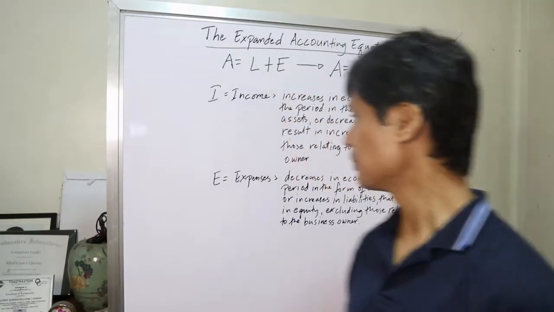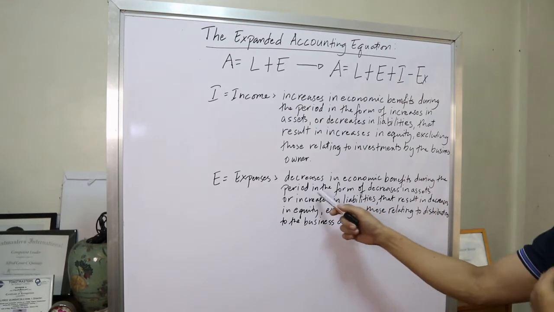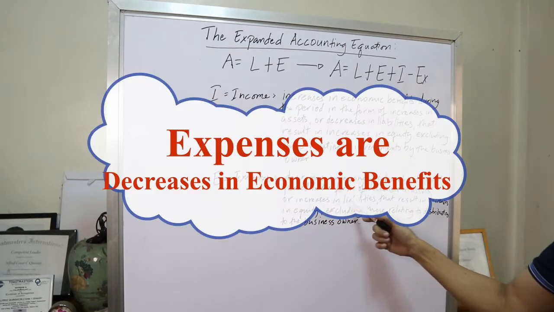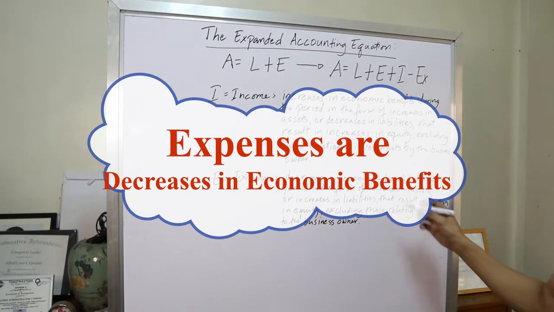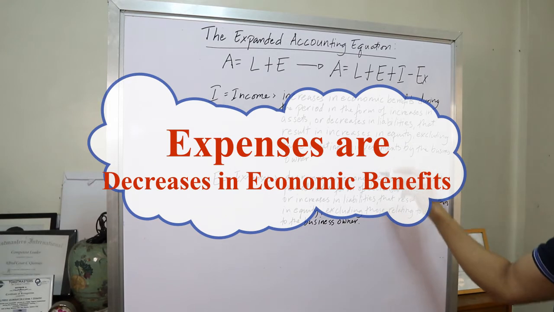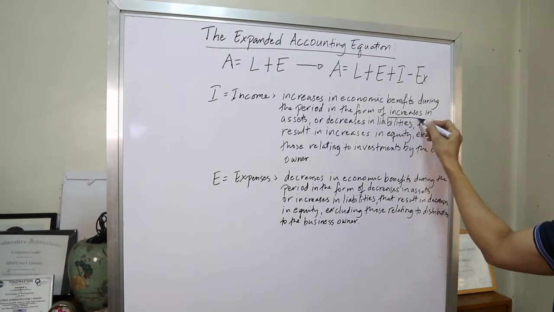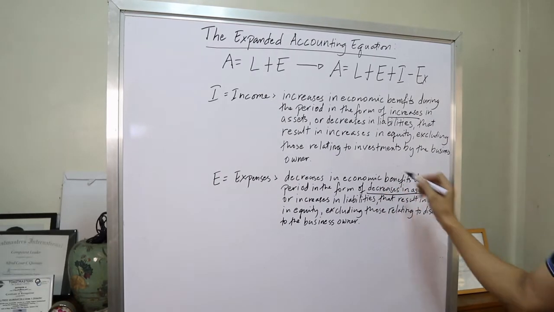No, yung expenses naman, these are decreases in economic benefits during the period in the form of decreases in assets or increases in liabilities. So makikita natin yung pagkakaiba nila. Kung sa income, increases in assets, dito naman sa expenses, decreases in assets.